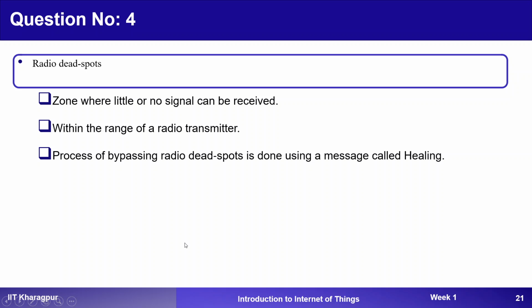The name also suggests that dead means there is nothing, right? So it is the zone or area which is in the range of a particular radio transmitter, but at that area the signal is very weak, so that with that signal you are not able to communicate, or there is no signal.